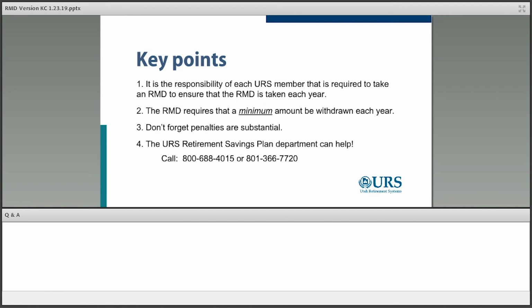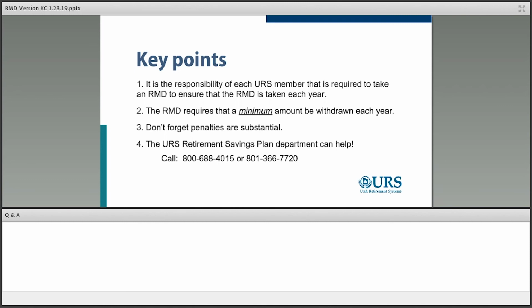As you see on item number 2, just remember from that graphic we looked at earlier, that required minimum distribution really is a minimum. You don't have to take out the whole account, you don't have to take half of it, it's just a small portion that'll be withdrawn. As you see on item number 3, don't forget to take that minimum distribution from your pre-tax accounts.